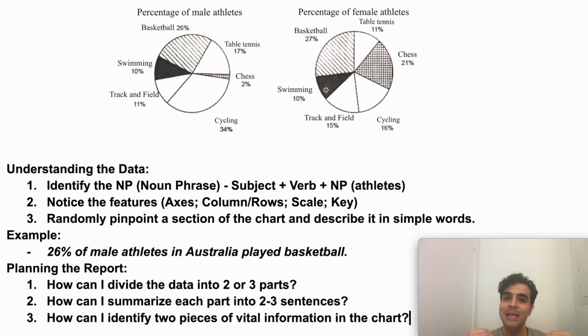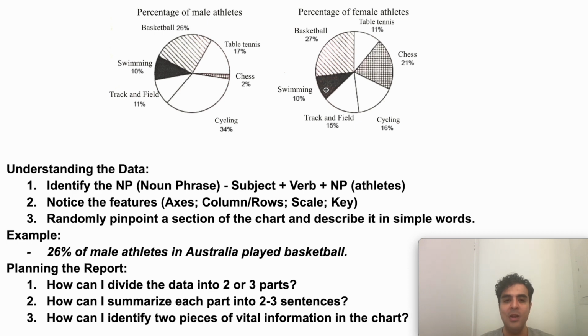So as you can see, when it comes to identifying this vital piece of information, if you have a combination chart, like these two pie charts that you can see here, I want you to compare the two and see what kind of meaningful similarities or meaningful distinctions you can find. And these will be presented as key features of our report.